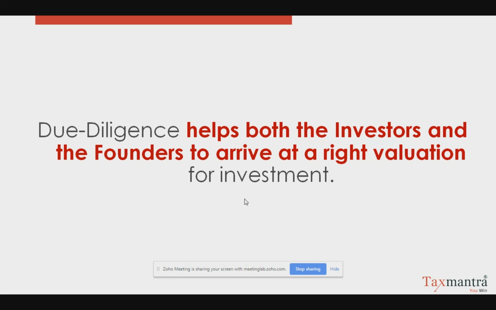The investors will definitely go for a due diligence check, and at that point the founders can put their view that, see, I have these papers, everything has been done on time, all the compliances are in place, and everything has been done rightly and in compliance with all the regulatory issues and all the acts.